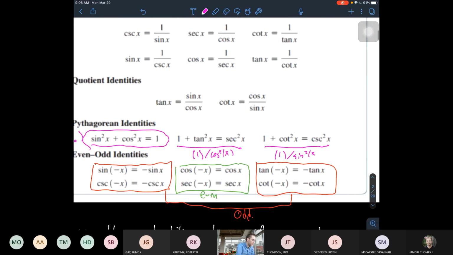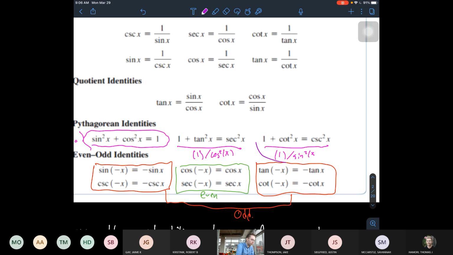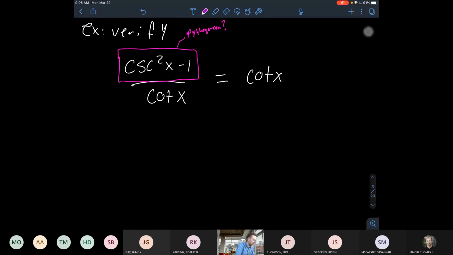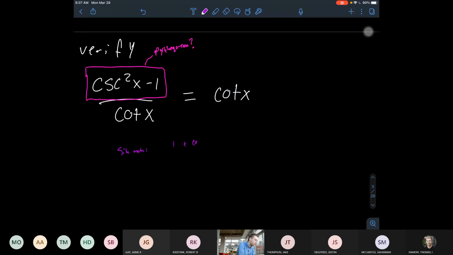If I look at my Pythagorean identities, I see one of them does indeed involve cosecant squared and the number 1. So what I'm going to try to do is rewrite that equation down here. Just a side note, I know that, what was the identity? 1 plus cotangent squared of x is equal to cosecant squared x.